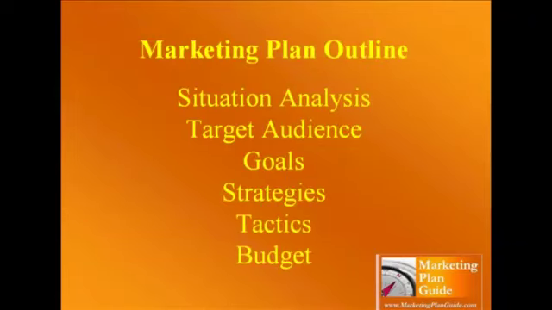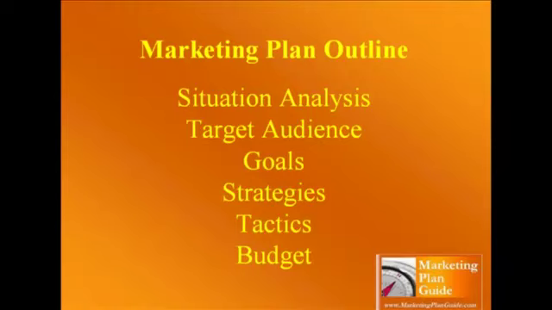Well, first of all, how do you market anything? We're just going to quickly go over the marketing plan outline, which I preach in the Do-It-Yourself Marketing Handbook, and that is this. Every marketing plan has at least these 6 pieces to it. The situation analysis, where you look at your market and determine how you're unique and different, and you come up with your unique selling proposition. The target audience, which is who has a need for your product or service.